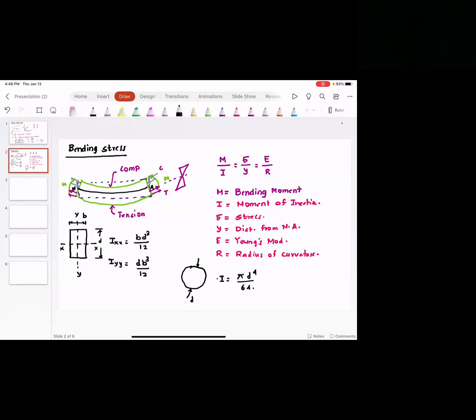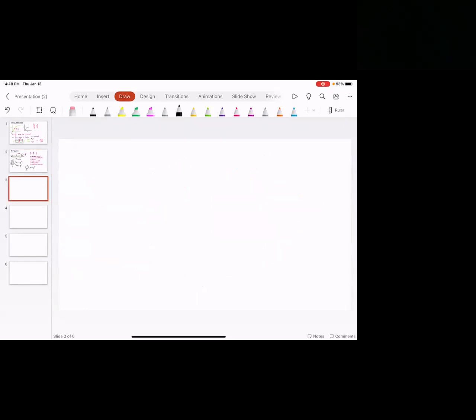Now, where do these bending stresses come into the picture and how do we use them? Let me take an example. Let's start with a simple problem.